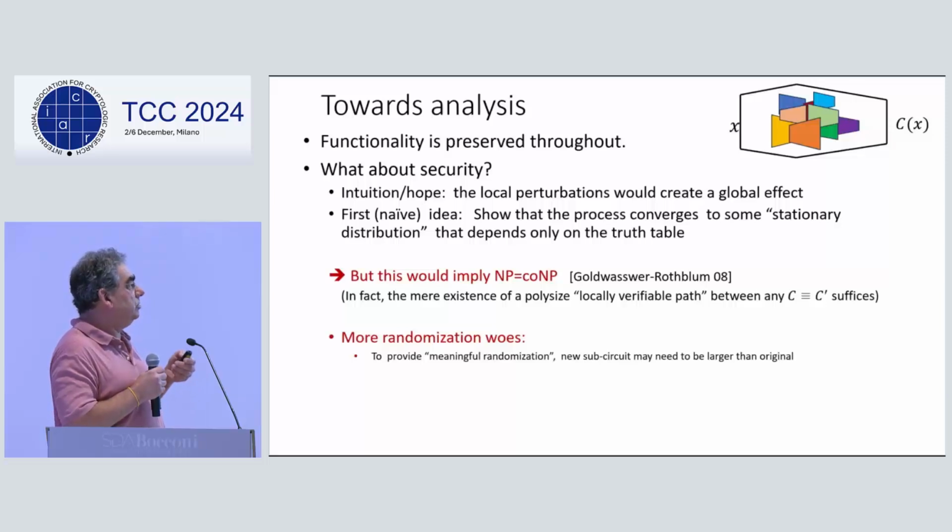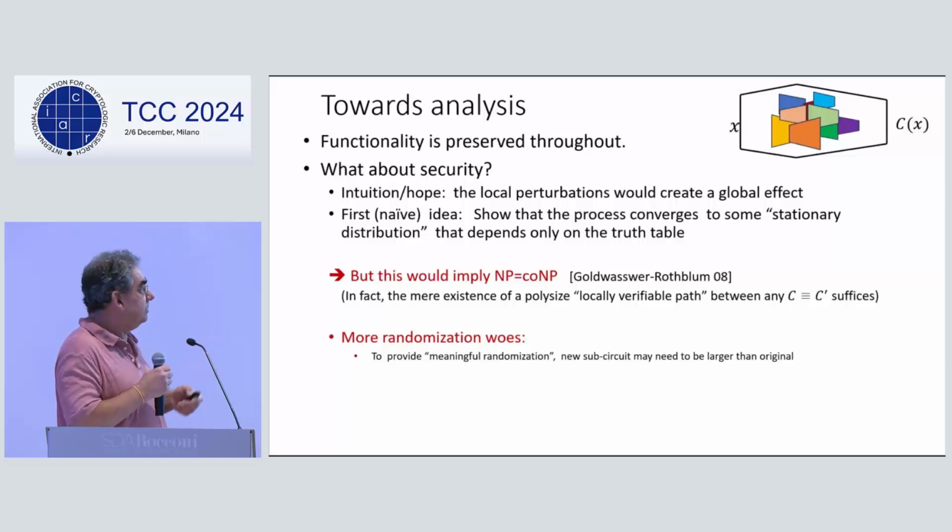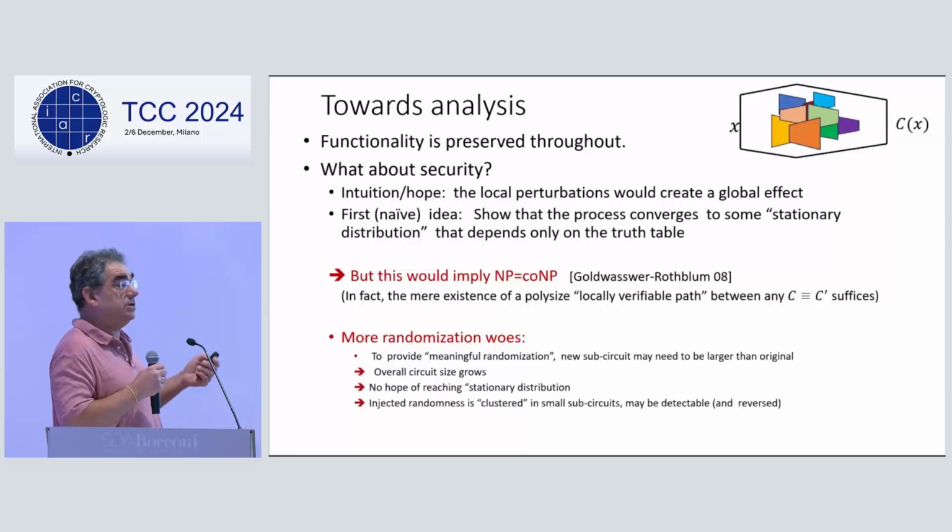First, in order to provide meaningful re-randomizations of short circuit segments, we're going to have the new circuit be slightly larger than the old one, because maybe there's only a few, or even one possible circuit that implements that particular truth table with that size. So the circuit is going to grow, which by itself maybe is not too bad because we only do it polynomially many times, but this means that there is no hope of reaching a stationary distribution, right? And furthermore, this randomness that we put in is clustered in small places, so it's maybe easy to detect and reverse, etc. So by itself it's not going to work.